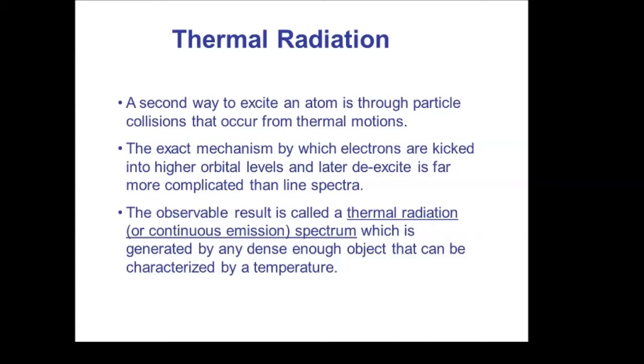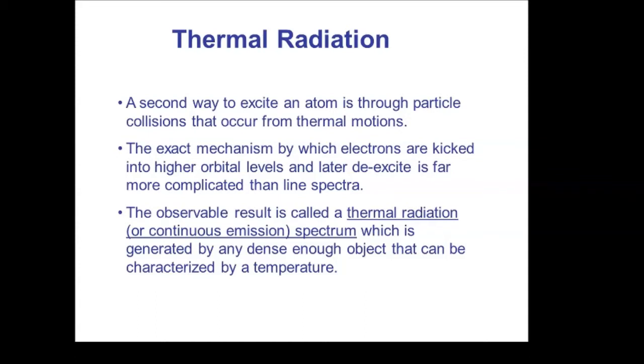And that means if things are constantly colliding, you're bound to be kicking electrons up to higher levels, which eventually have to kick back down, and that eventually releases light. Okay? And that's true. Anything that is hot and relatively dense has these little collisions taking place on a microscopic level. And the result of that is to produce something that we call a thermal radiation spectrum.